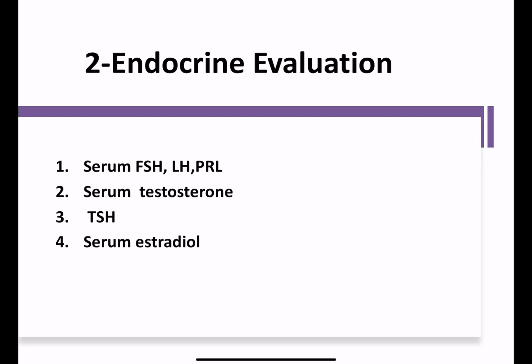If they are high, it means that the testis is not working, for example in Klinefelter syndrome. If prolactin is elevated, it leads to decreased libido and male infertility. Also, sometimes we do serum testosterone, thyroid function test, and serum estradiol.